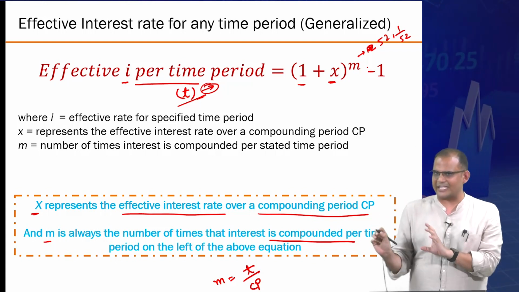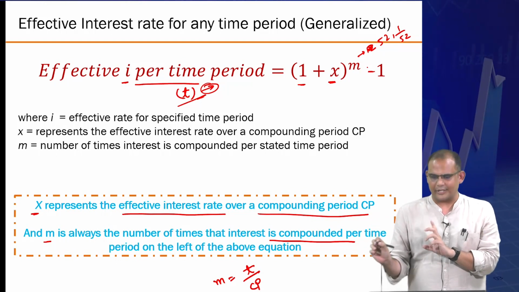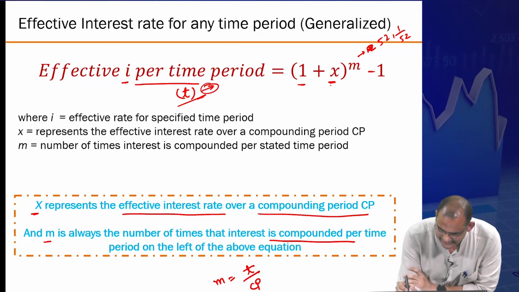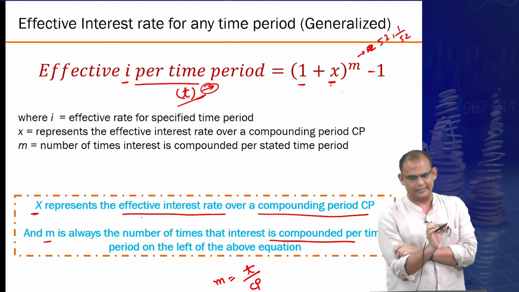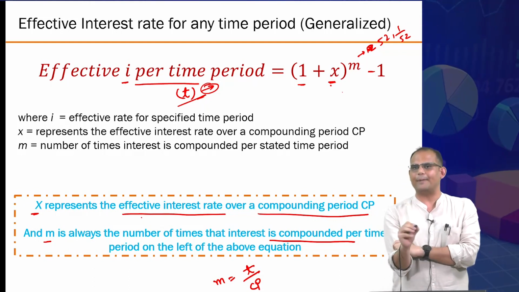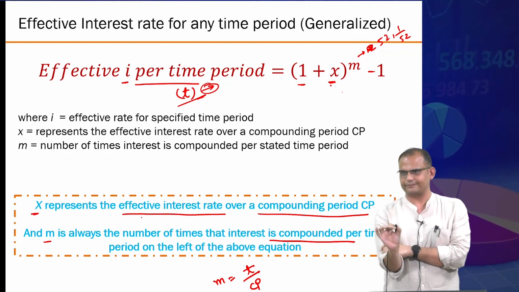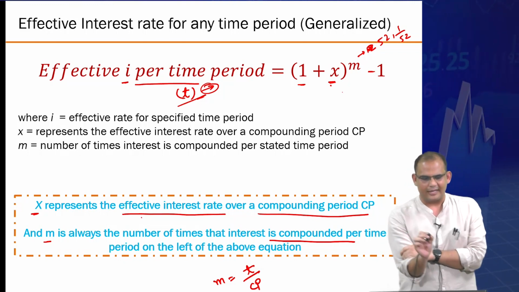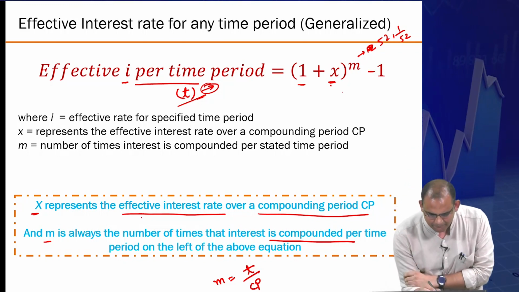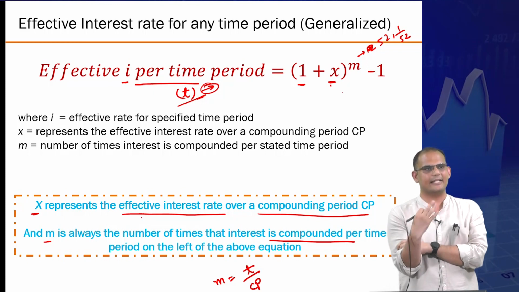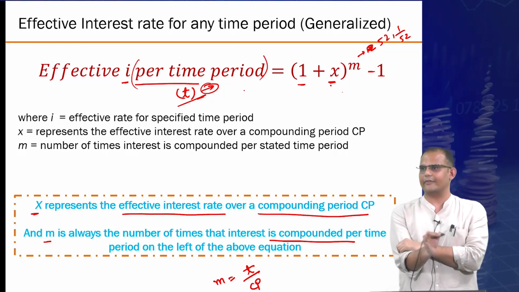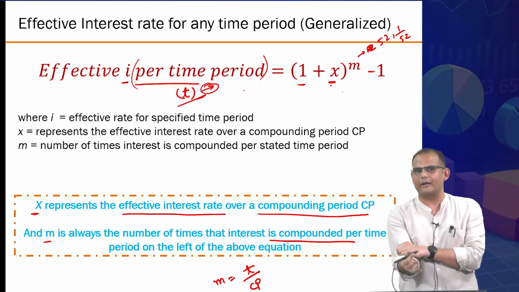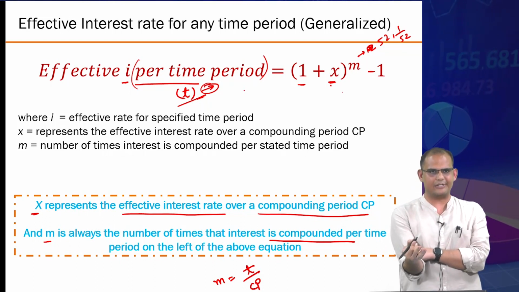Okay, should I explain it again? Your X is this term. X is always the effective interest rate per compounding period which is mentioned in the question. And M is always the number of times that interest is compounding in the time period which is mentioned on the left hand side of this equation, which will be governed by your problem statement essentially.